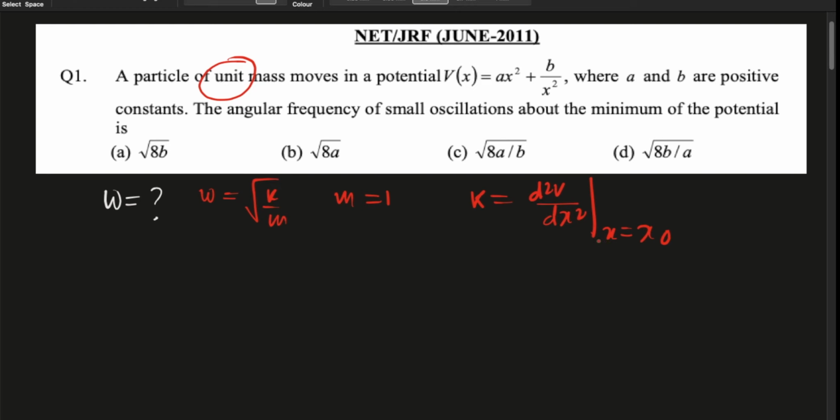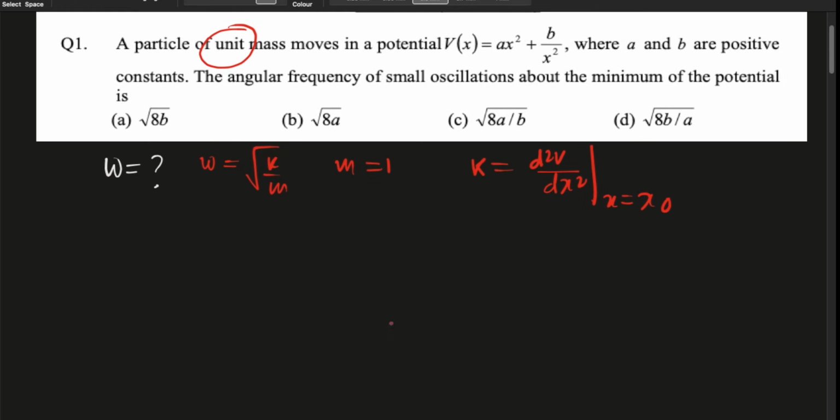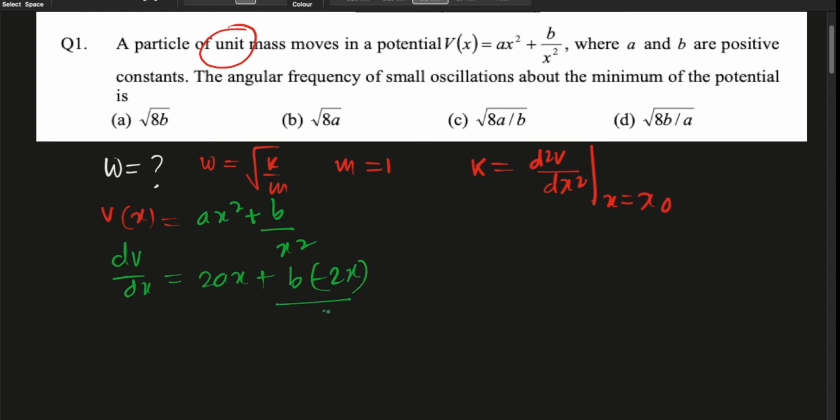Now we want to find the derivative of the potential that is given, ax² plus b/x². If you do the first order derivative, dV/dx, it will come 2ax plus b times minus 2x by x to the power 4, and it will become 2ax minus 2b by x³. Now you have to find the stable fixed point.